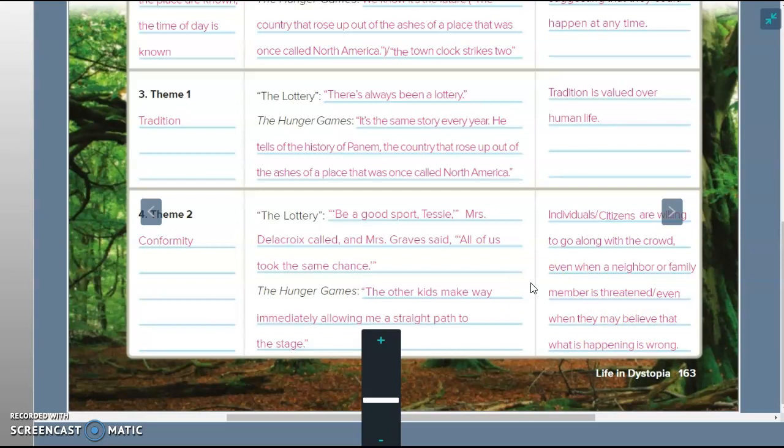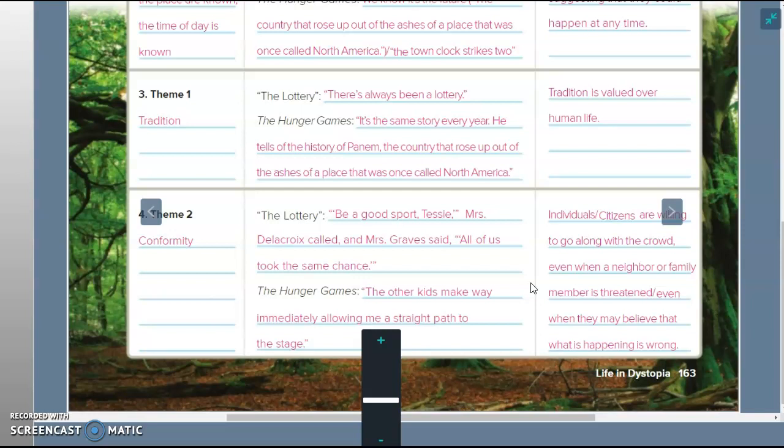One thing that I think is a difference in The Hunger Games and The Lottery, well, when Katniss heard her sister's name be called, she immediately went, right? She went to go protect her sister.